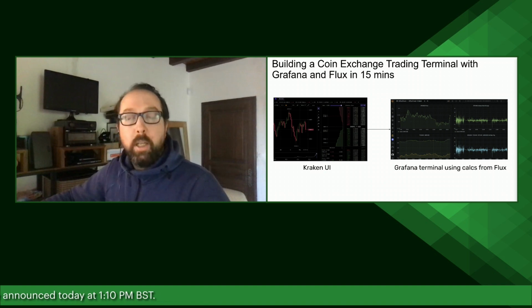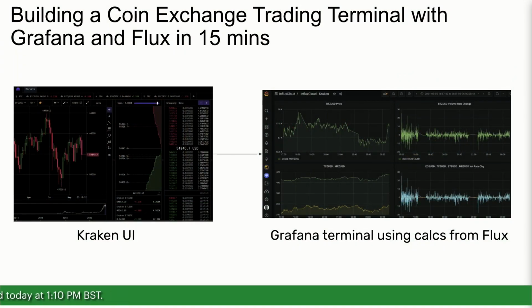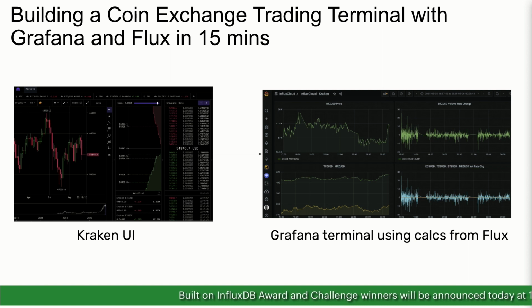To do this, Kraken.com provides trade data on multiple cryptocurrency pairs via both a UI and an API. It is an exchange, so you can trade on it. We're going to use the Kraken ticker API to get various coin trade data. We're going to use a Python script to scrape data from the Kraken API, convert it from its JSON format to the Influx line format, and then write it to Influx Cloud.